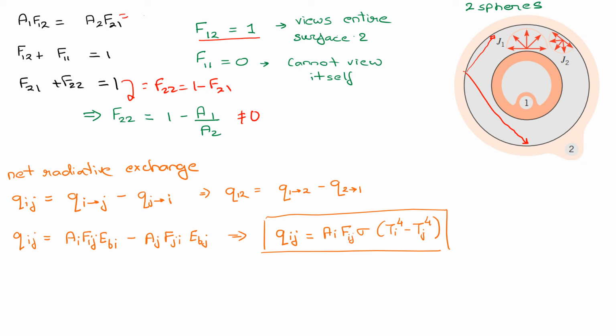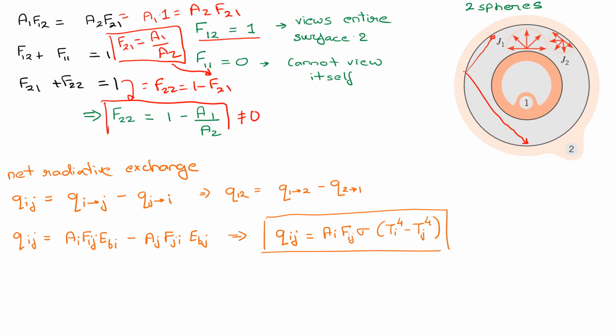So A1 into 1 equals A2 into F21, or we get F21 as A1 by A2. And I will replace that in this equation right here, which will give me F22 equals 1 minus A1 by A2, which is a non-zero quantity. We can calculate the areas A1 and A2.